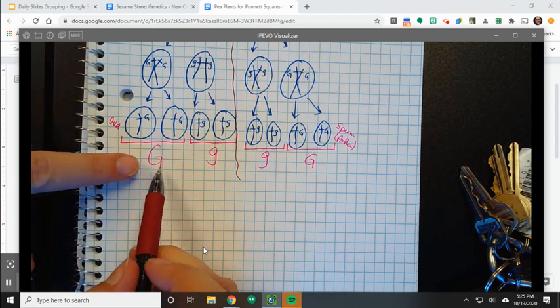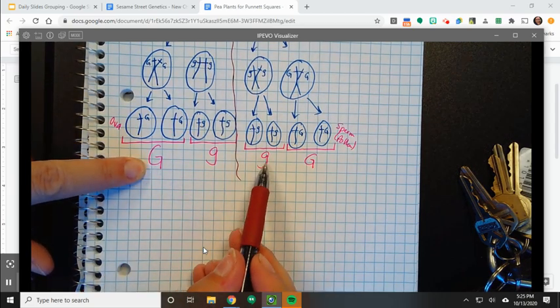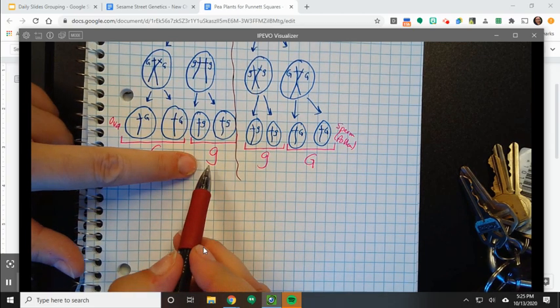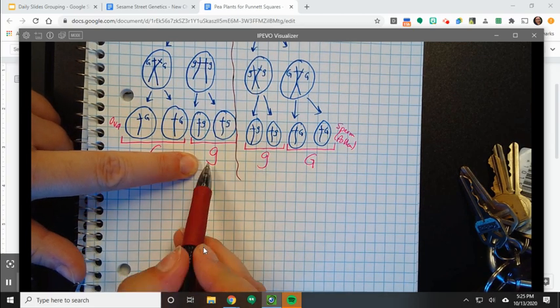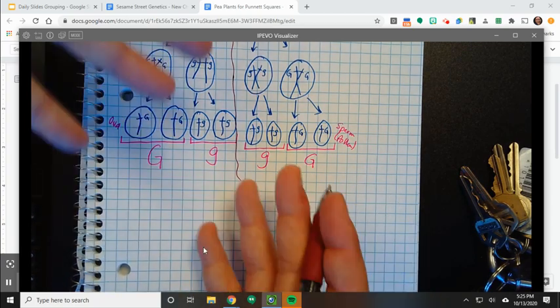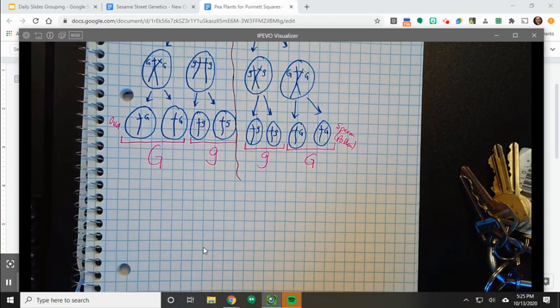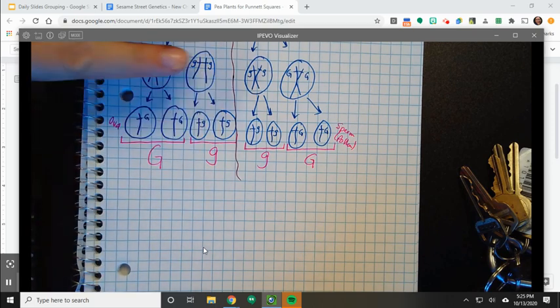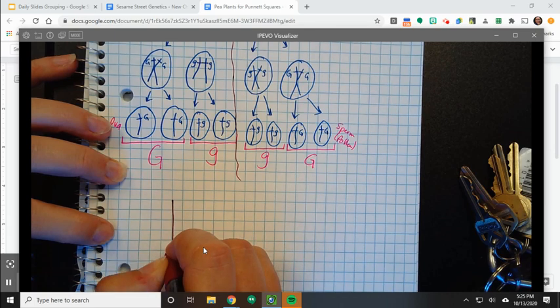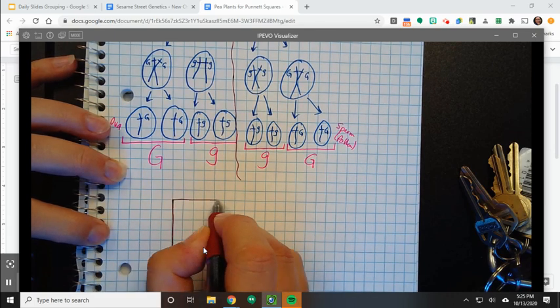So you could say, well, the dominant allele and the recessive allele could combine, the dominant and the dominant could combine, the recessive could combine, or the recessive and the dominant could combine. And you could say, okay, yeah, well, those are all the possibilities. You can do all of this a whole lot more quickly if you use what we call a Punnett square.